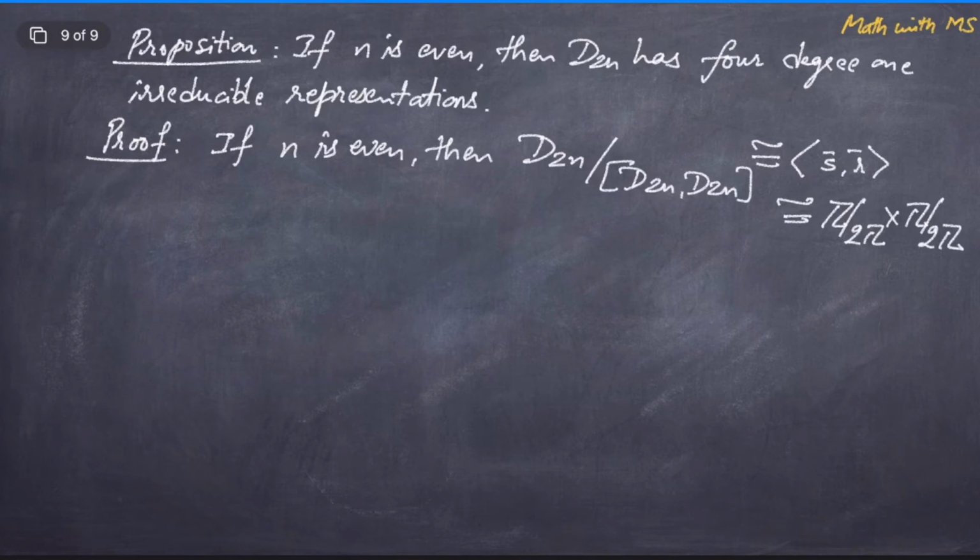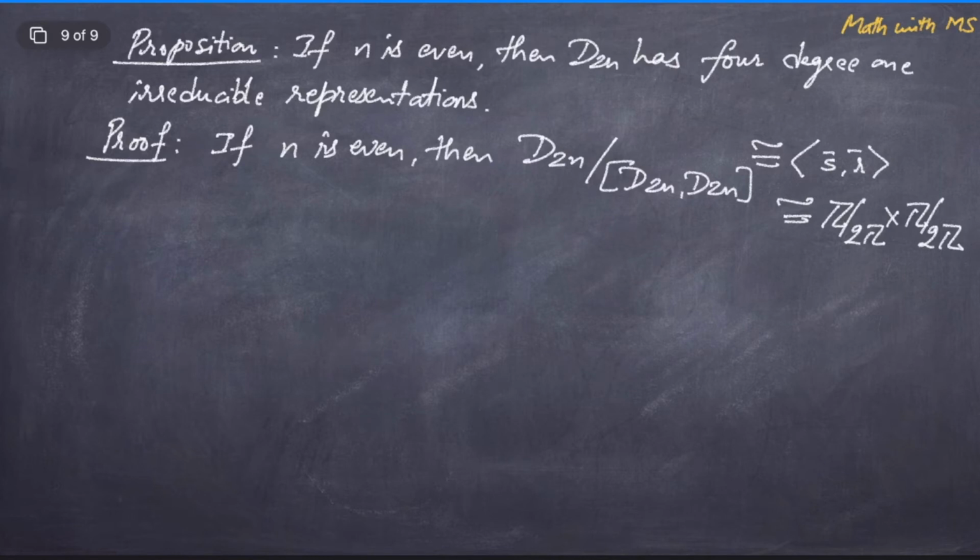Okay, the Klein 4 group. Just find out the degree 1 representations of the abelianization and then they will pull back to the degree 1 representations of the dihedral group D2N. By the way, for the Klein 4 group we already computed all the degree 1 representations. So exactly those are the ones which we have to consider, and if you want to be precise and want to write in terms of representations from D2N to C star, you can write them explicitly.